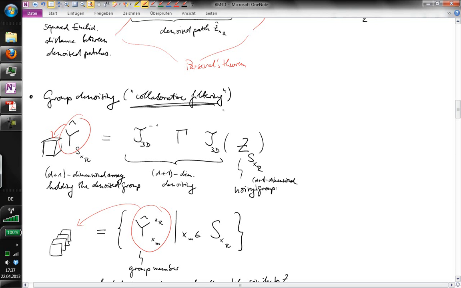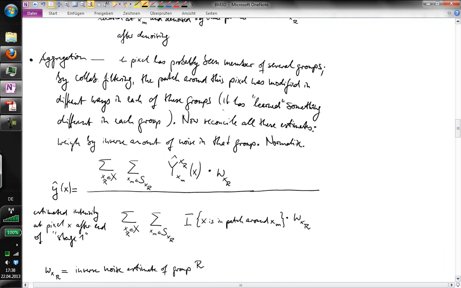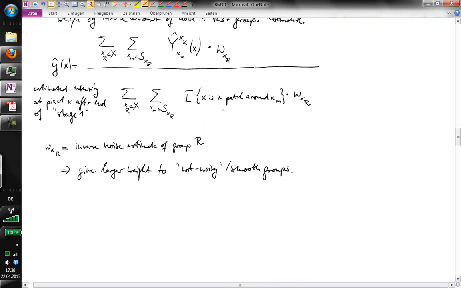So to combine these patches into groups and then do a denoising both within a group, both along the original axes that span the image and along the extra new artificial axis that results from stacking all these patches into a group. This algorithm has been very hard to beat, and for good reasons, as I will explain in a moment. But before I do, it would be a good time to ask questions about this.